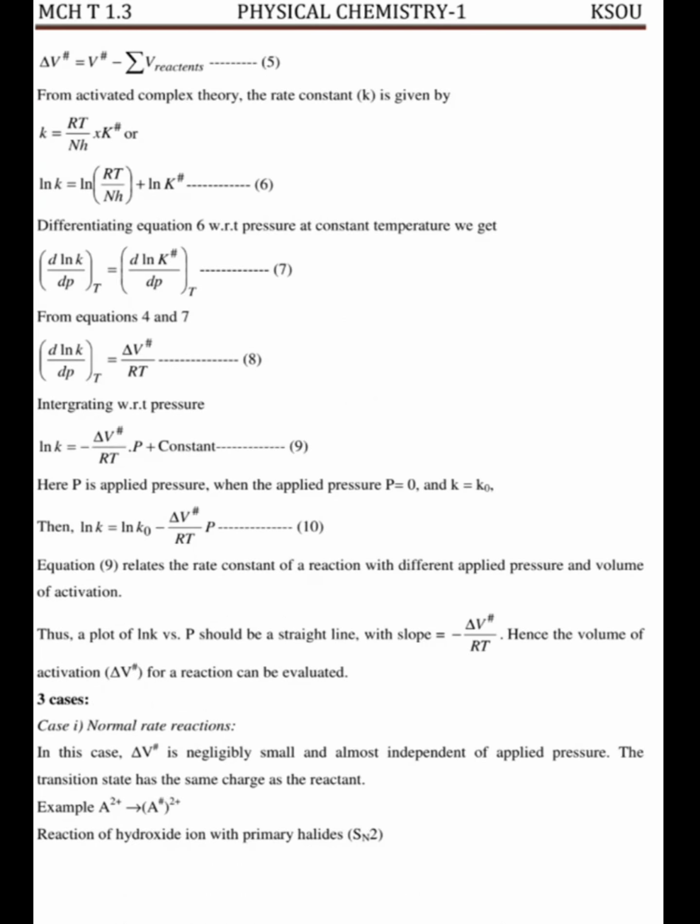Go through this mathematical term further. When the pressure is zero, the rate constant is denoted as K naught. This is with respect to the effect of pressure on volume and the rate of reaction.